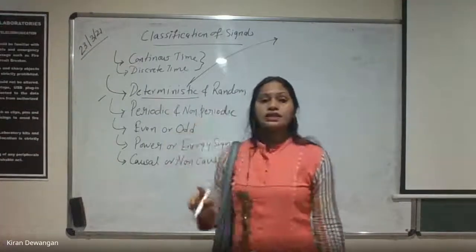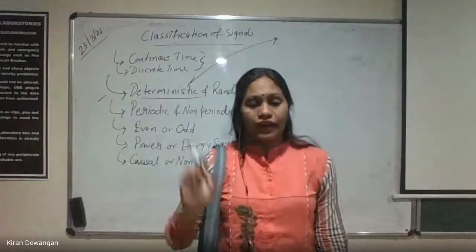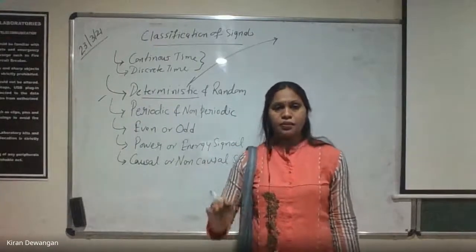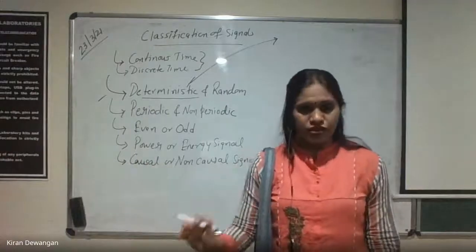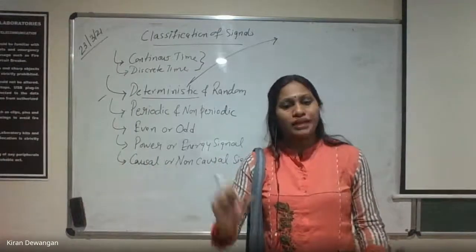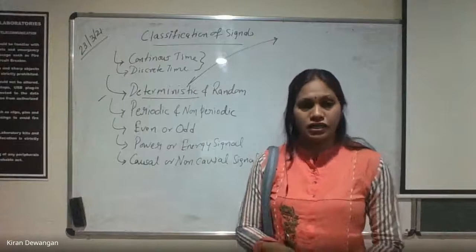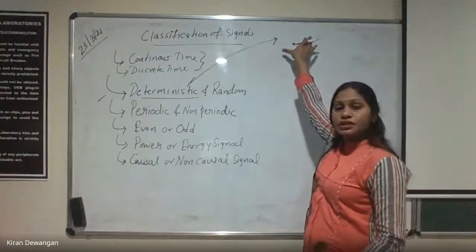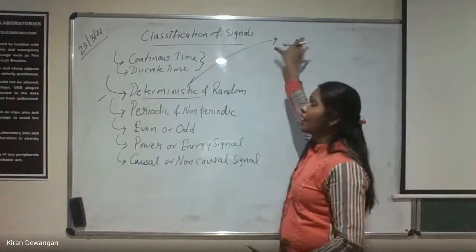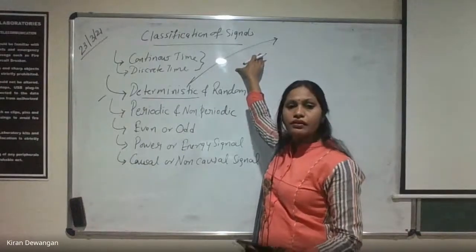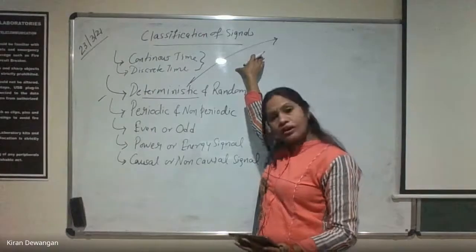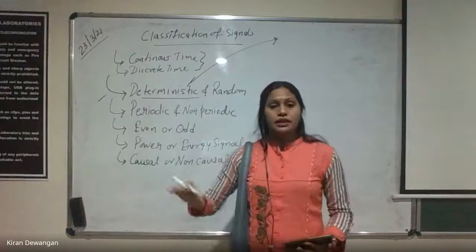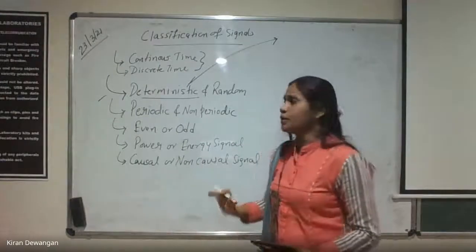That deterministic signals are very common signals that they can be easily represented by any mathematical expression, or not easily also, but still we can represent the signals in any mathematical form. That is, कोई भी mathematical expression से हम उसको represent कर सकते हैं, like sine wave, triangular wave, or square wave, or all these signals are deterministic signals that can be represented by mathematical expression.